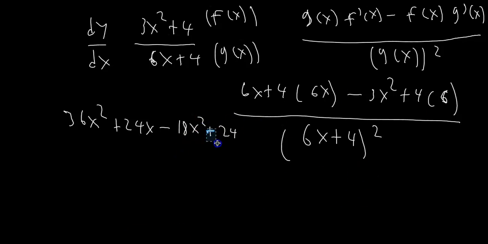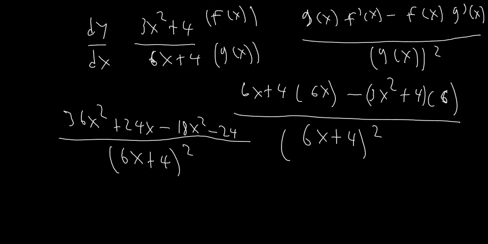There should be a minus here, my bad for that. Let me put that in parentheses so it's more clear. So this is the numerator. For the denominator, you can just leave it as 6x plus 4 squared. It's still correct. So this is our answer.